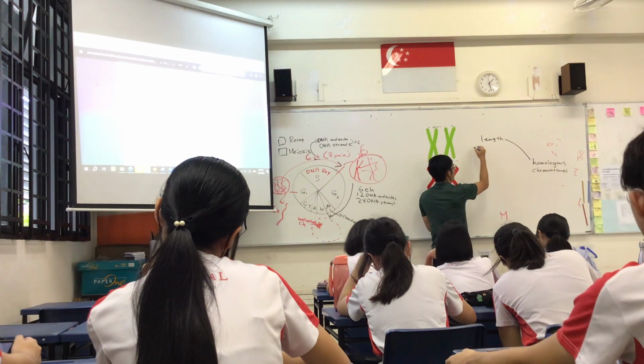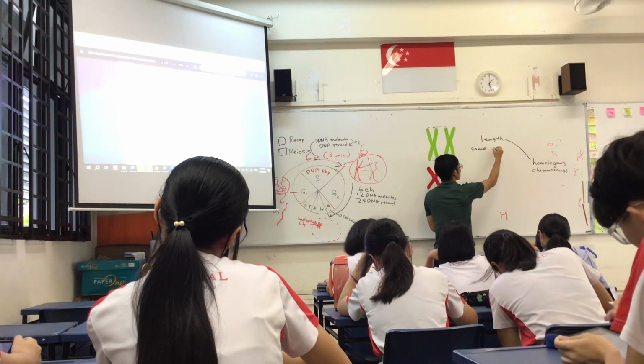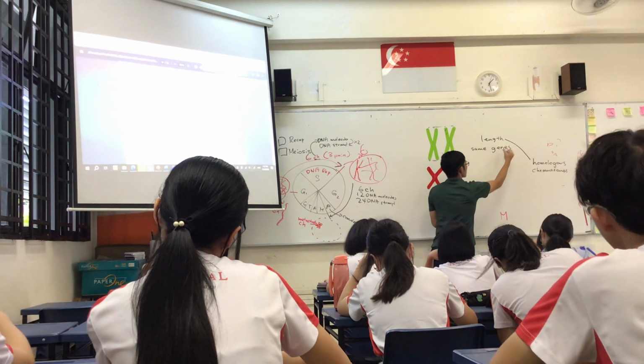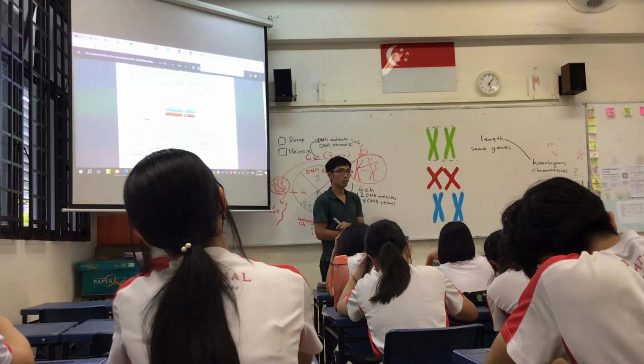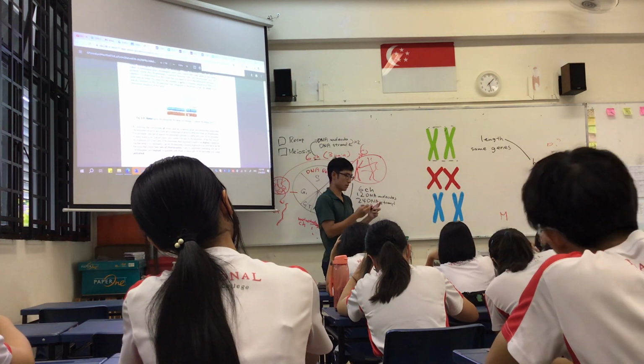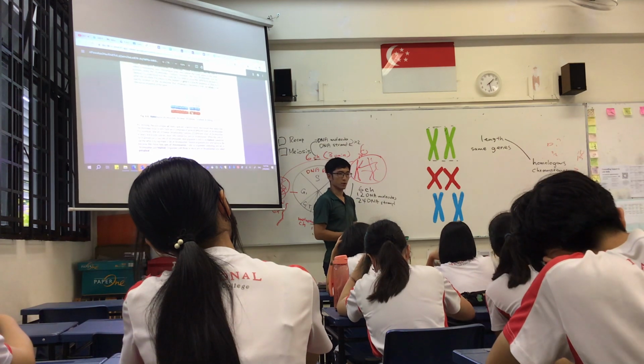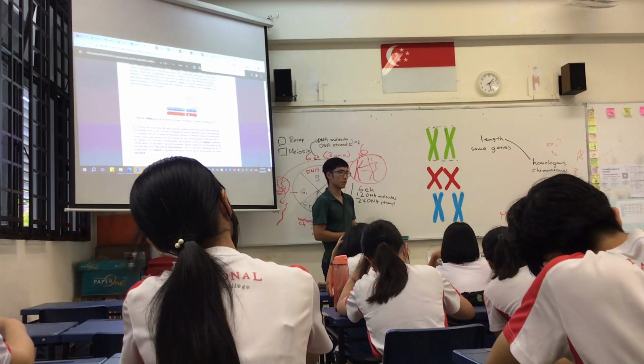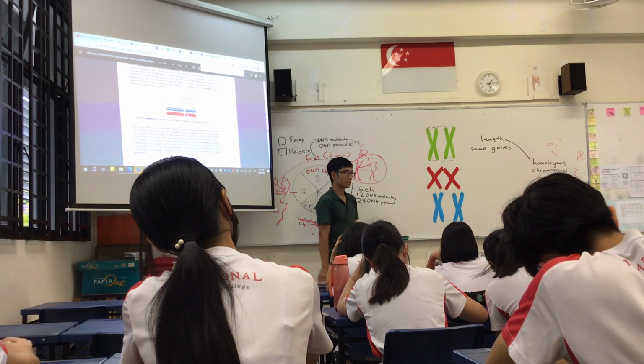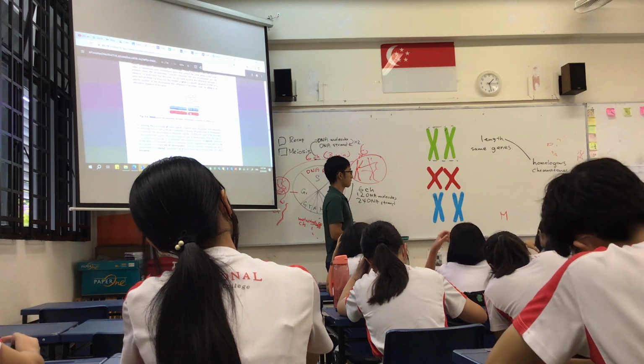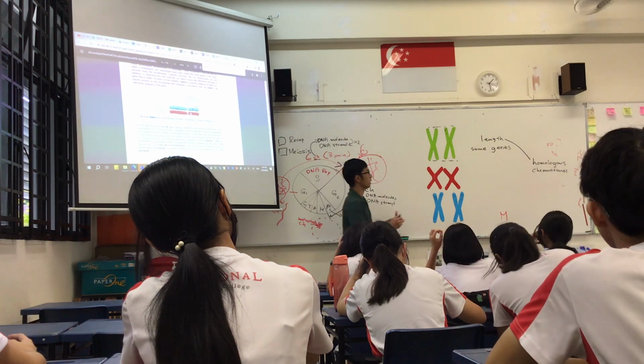They also have the same genes. What do I mean by same genes? You have a gene for everything. You have a gene for skin color, a gene for hair color, eye color. So I'll give you an example.